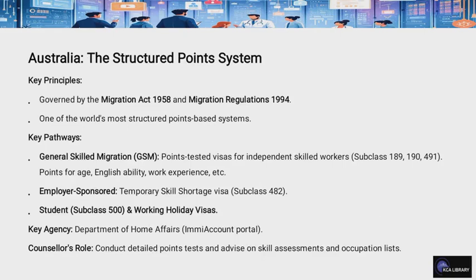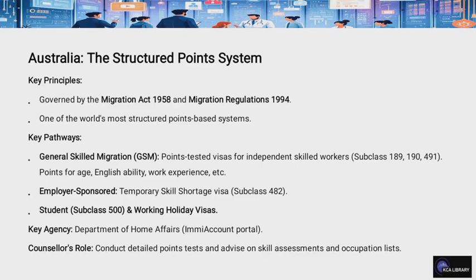For Australia, it's actually a structured point system, and it's governed by the Migration Act 1958 and Migration Regulations 1994. It's actually one of the world's most structured points-based systems. The pathways include general skilled migration and also employer sponsored.